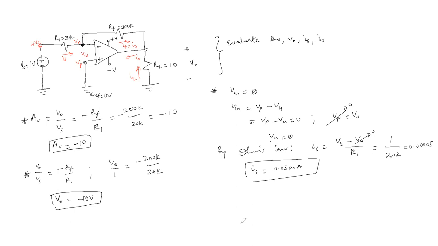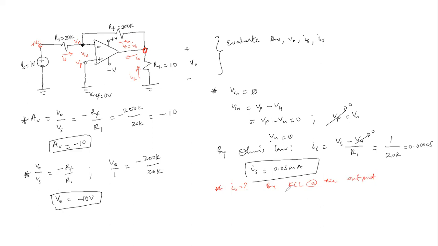Then we have the output current. Now, by applying KCL at the output, here we have that I naught is flowing out, and I sub F and I sub L are flowing in. So we have to compute I naught by KCL at the output.